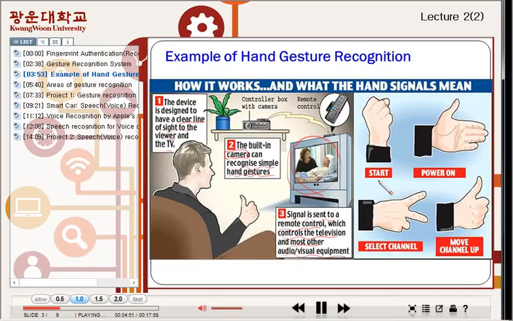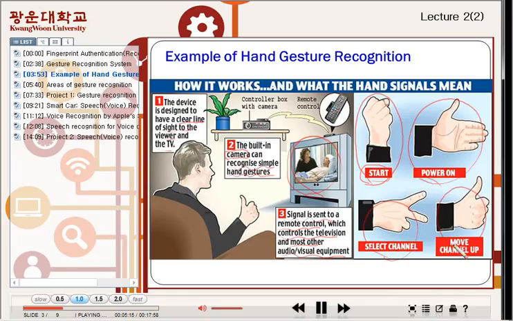So, for example, this kind of gesture means TV start. And this kind of hand gesture means power on. And this means select the channels. And this means move channel up, down.